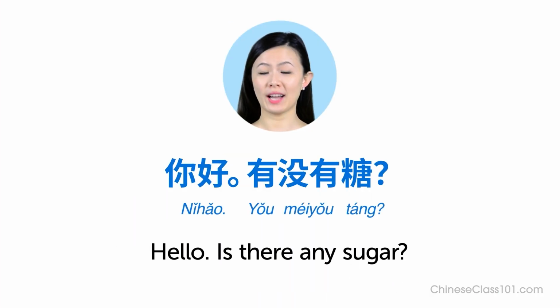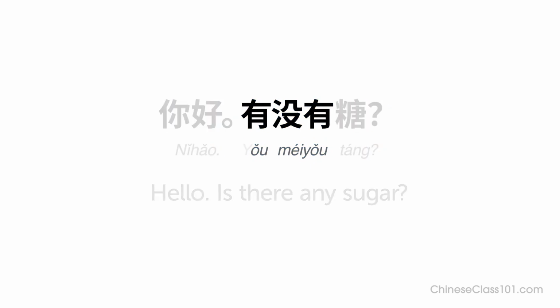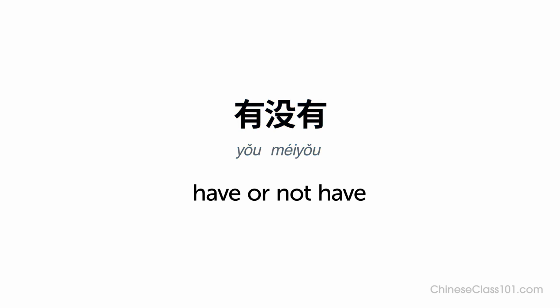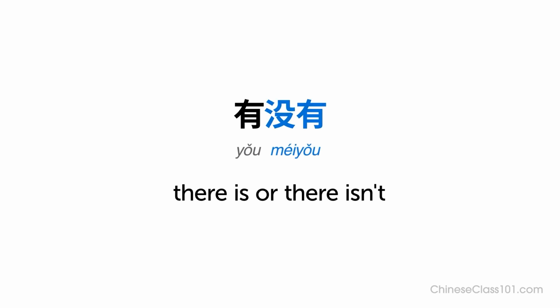你好，有没有糖？ Hello, is there any sugar? The speaker uses 有没有, which means have or not have, or there is or there isn't in this context. First is 有, there is. Next is 没有, there isn't. Together, 有没有 means there is or there isn't.